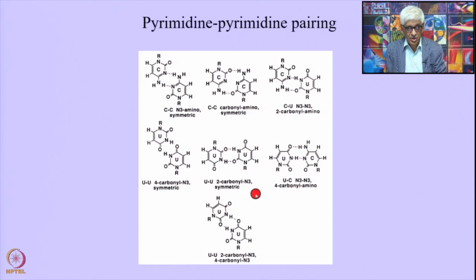Then you have the possibility of U-C N3 and U-U hydrogen bonding. So you have so many different possibilities of hydrogen bonding, because all of these nitrogens and the carbonyl oxygens are acceptors, and the donors are the amino protons, the NH2s and the NH protons, and these are present on all the bases. You have such acceptors and donors, and that is why you get different kinds of hydrogen bonds.